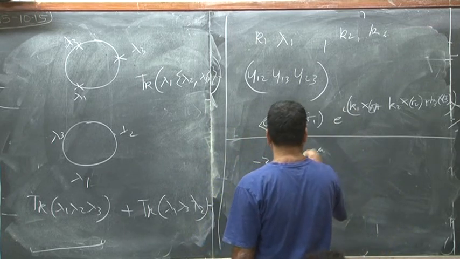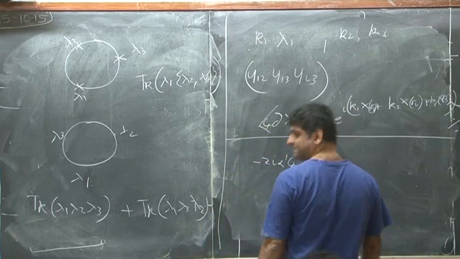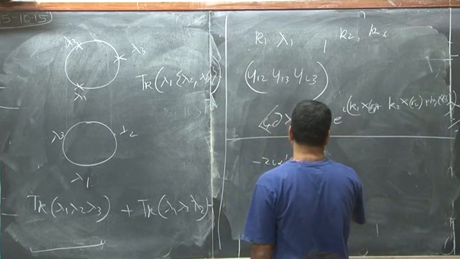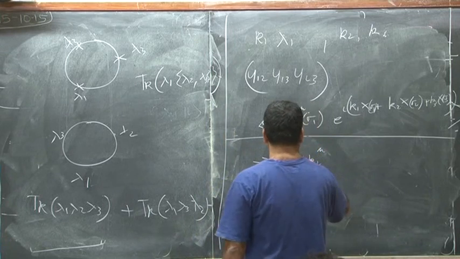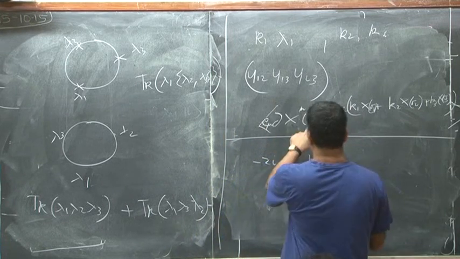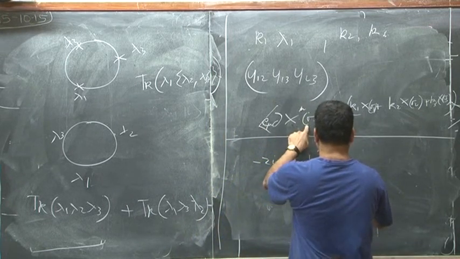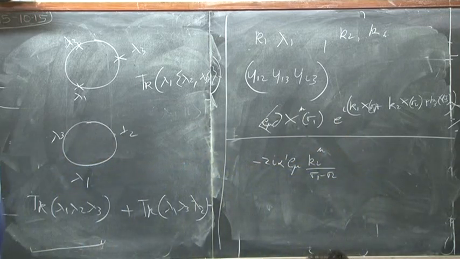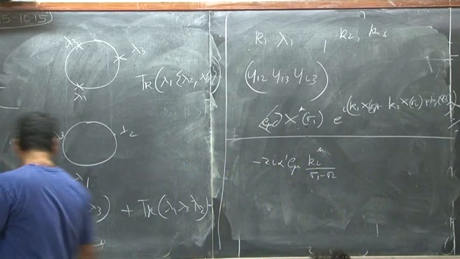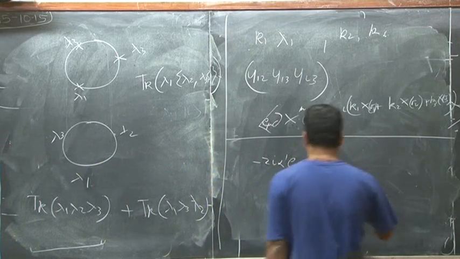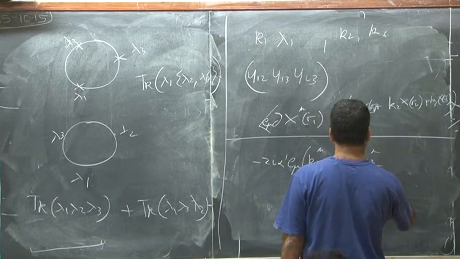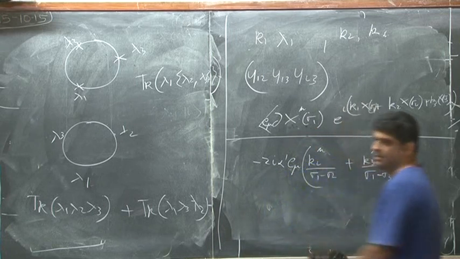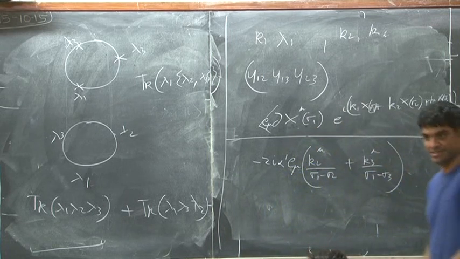So i C mu times K2 mu. I call this a D. That's what we know. K2 mu divided by sigma 1 minus sigma 2, plus K3 mu divided by sigma 1 minus sigma 3. The self-contraction terms are omitted.